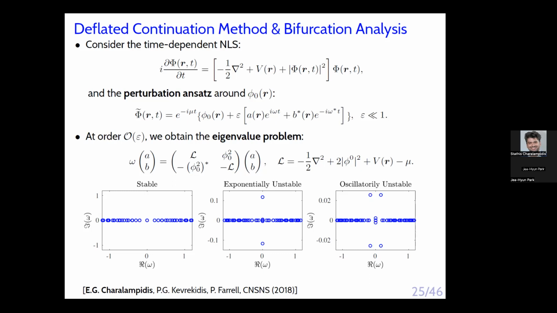You keep orders of epsilon, and you get an eigenvalue problem of this form. Omega are the eigenfrequencies, and if all those omegas lie on the real axis, then your solution is called marginally stable. If you have any non-zero imaginary part, then your solution is unstable and can come in two flavors, either as pairs of unstable modes or as quartets, due to the Hamiltonian nature of the system.